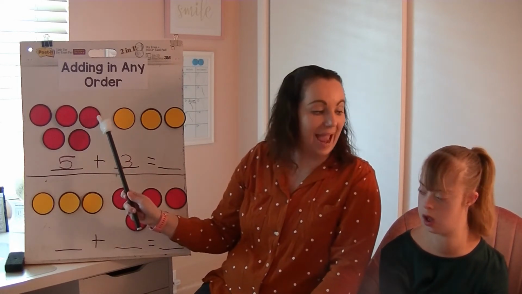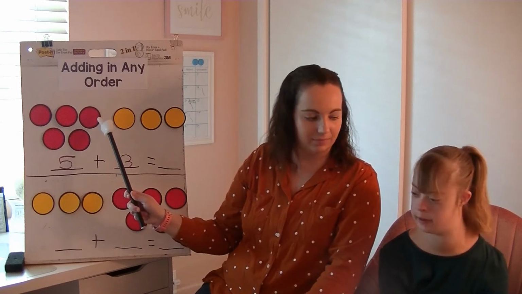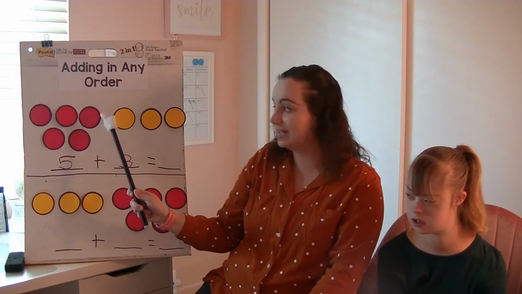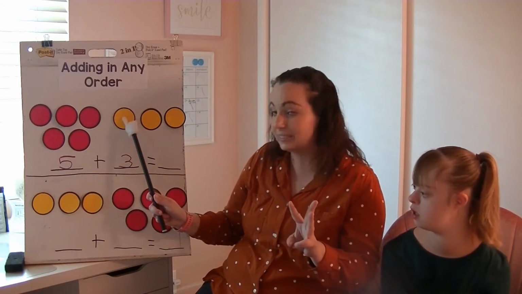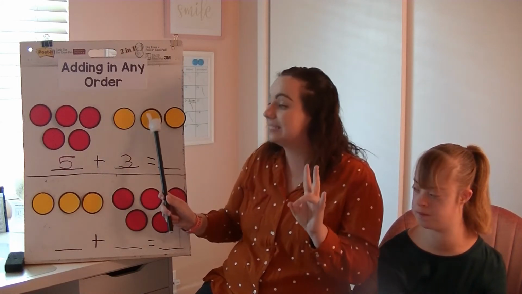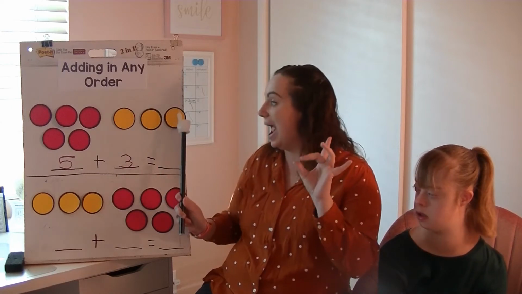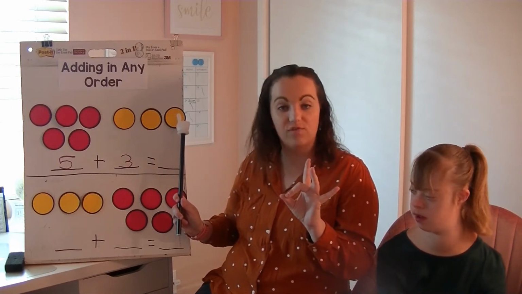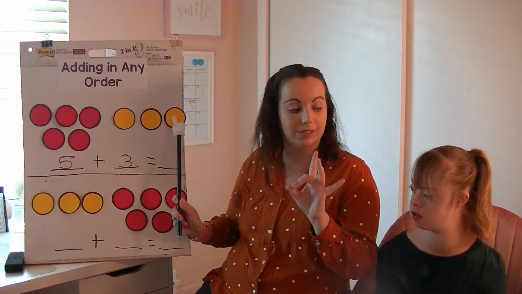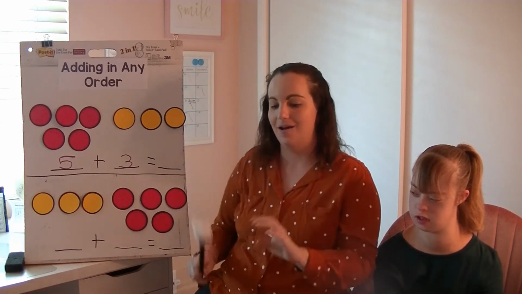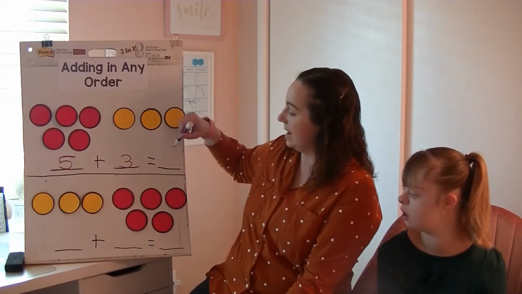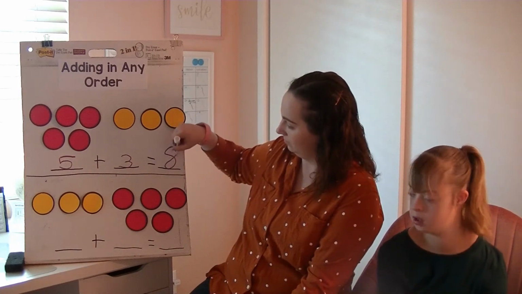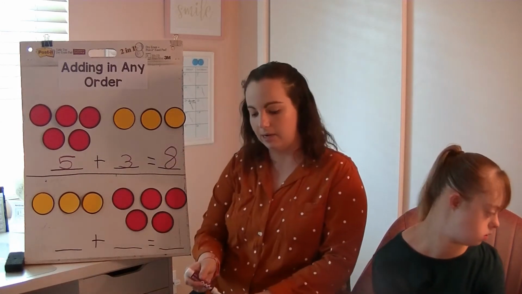What number comes after 5, Kaylee? 6. Yes, so go ahead, keep counting or adding on. We have 6. What comes after 6? 7, then 8. So 5 plus 3 equals 8. Nice job. So I'm going to use my writing tool and write 8 over here. A little bit of a funky 8, but it's okay.